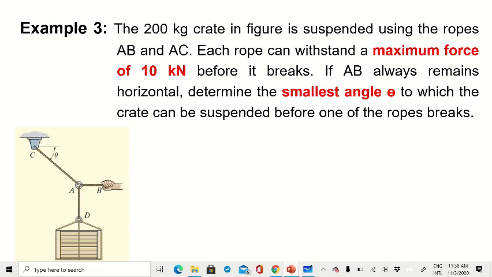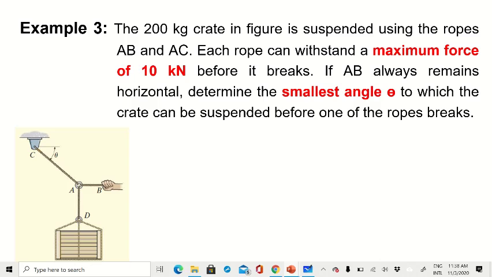So if AB always remains horizontal, we are asked to determine the smallest angle theta at which the crate can be suspended before one of the ropes breaks down, right? So we need to determine this angle.